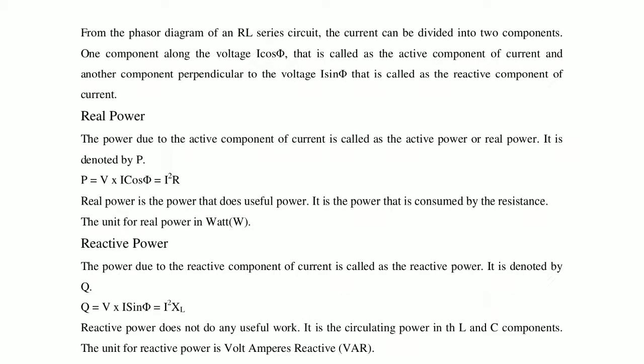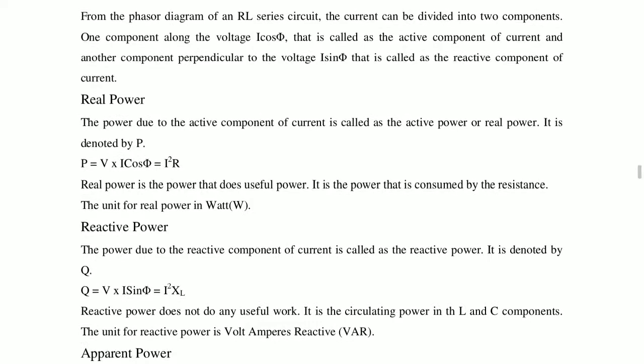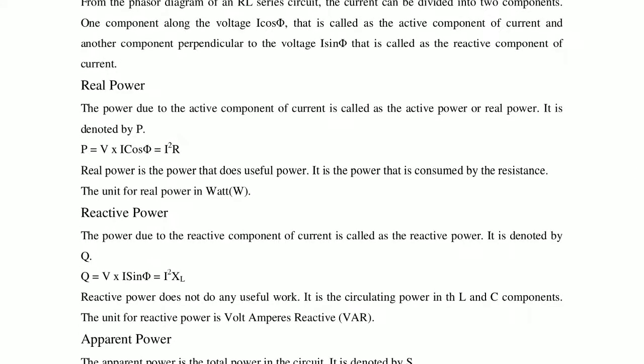The power due to the active component of current is called active power or real power. Power is equal to VI cos phi, that is equal to I square R. Real power is the power that does useful work, consumed by the resistance. The unit of real power is watts.